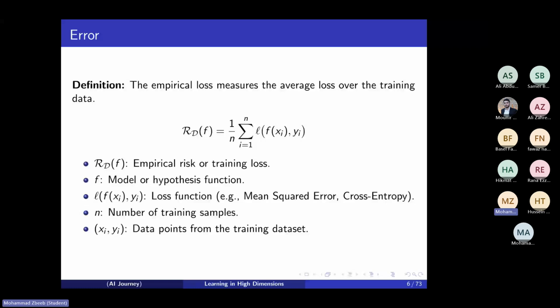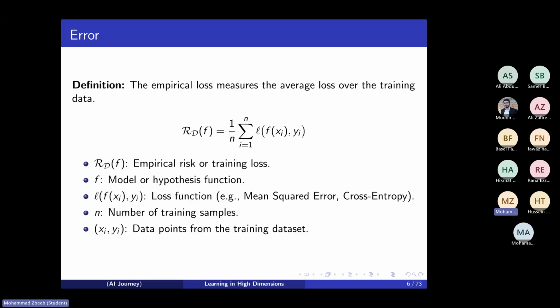We try to decrease something called the empirical loss, which is not the true loss, since we don't have the full data, so we can't test our model on all the data in the world, on the whole data distribution. So we test it on the data we have, which is the training data, the data distribution that I have in my database when I am training my model. We test our model on it, and this is called the empirical loss.